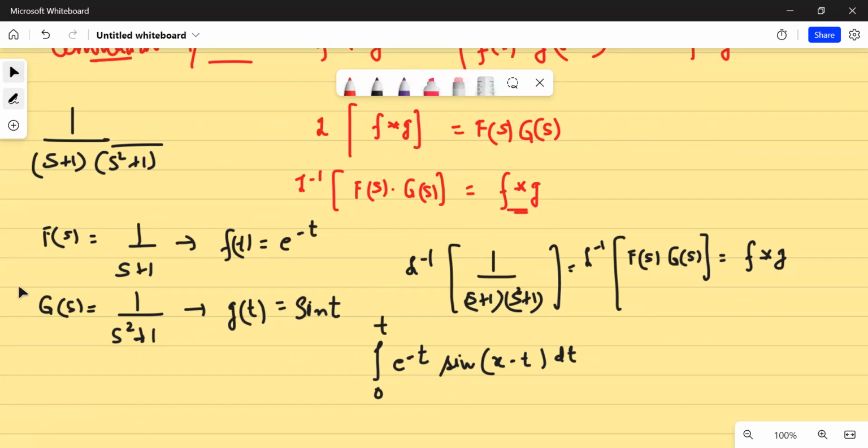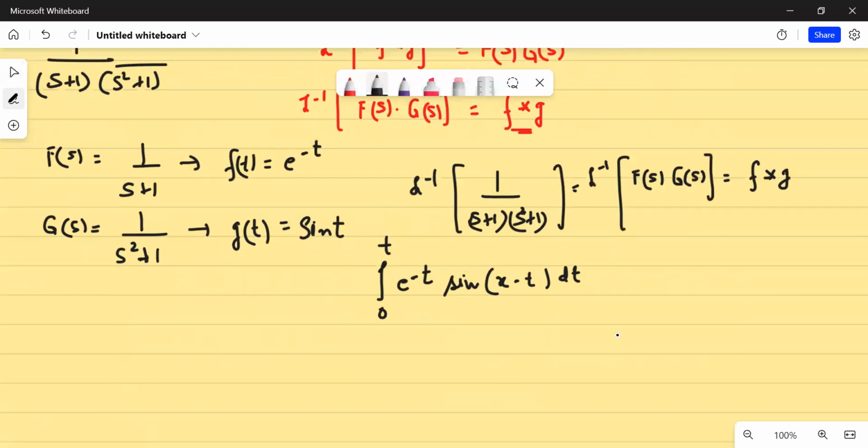So what I can do, I'll do one thing. I'll use x minus t as simply some u, and this will give me minus dt equal to du. So you'll get integration from here to here. That is absolutely fine. And here you have to replace this t now. So your t would become simply x minus u. This will be simply sine of u.